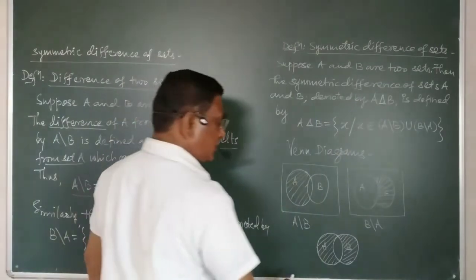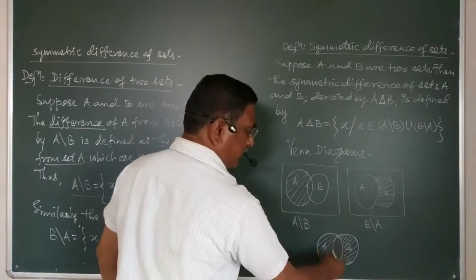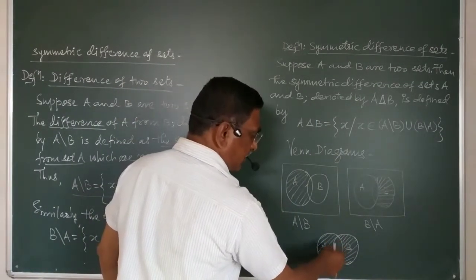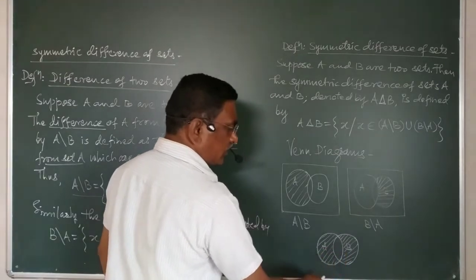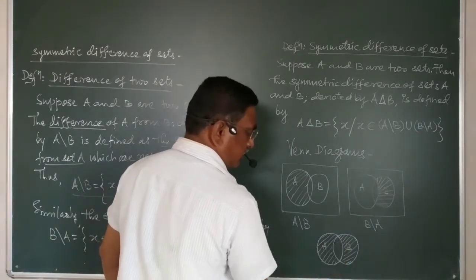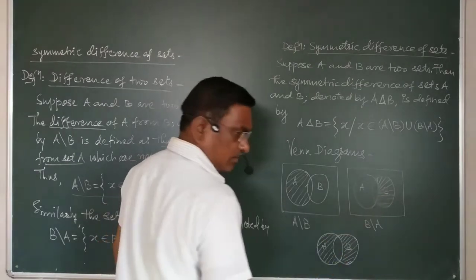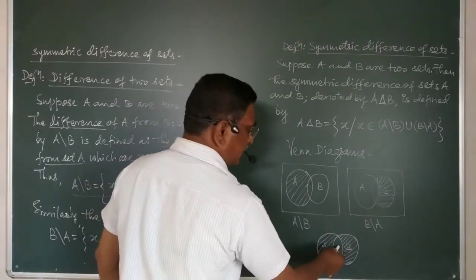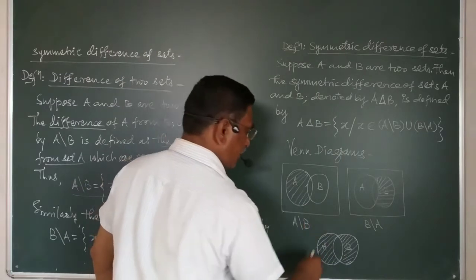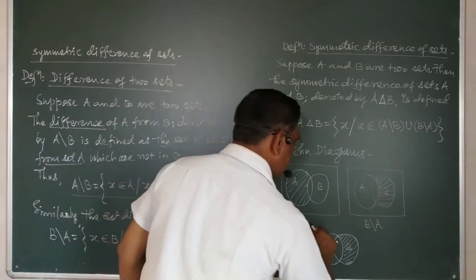There is no common part element, because this part is the common part that we are not going to consider. If I consider this one, it is also a part of B, and if I consider this one, it is also a part of A. Therefore, this is not to be considered.